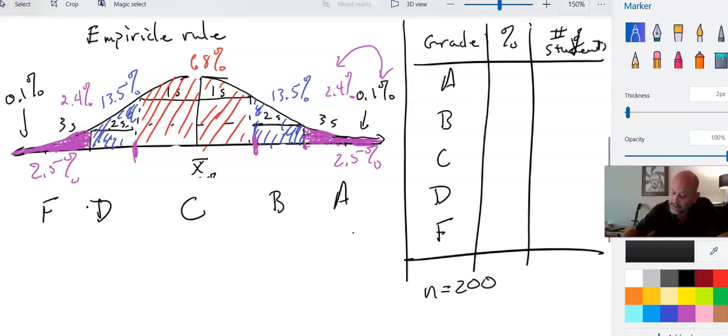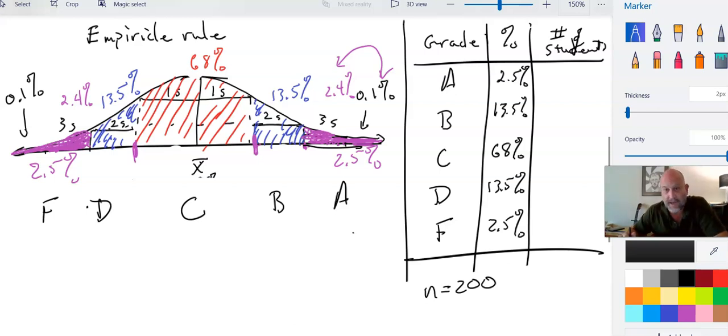Okay, so the number of people with A's, if we look down here, well, we have 2.5%. B's, I have 13.5%. C's, I have 68%. D's, 13.5%. And F's, 2.5%.